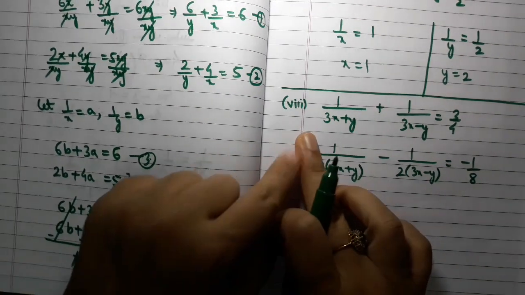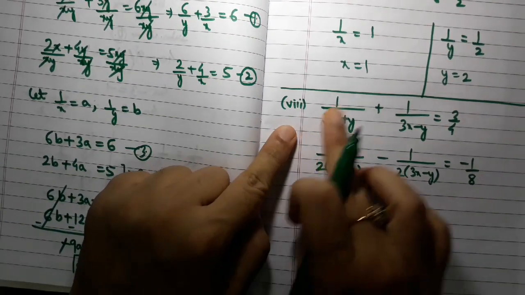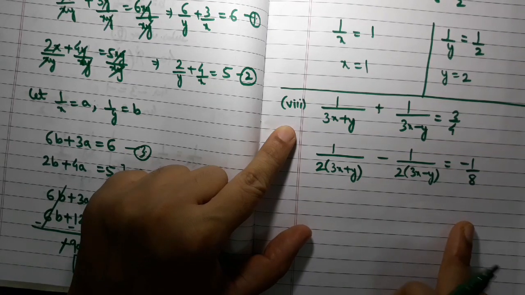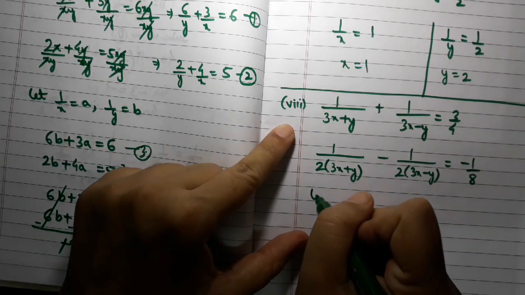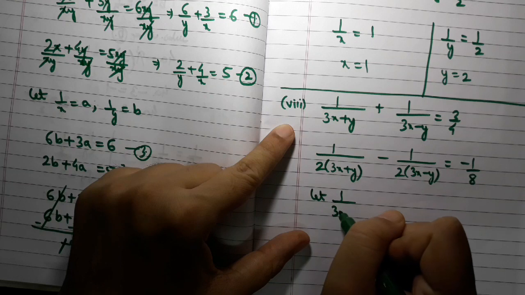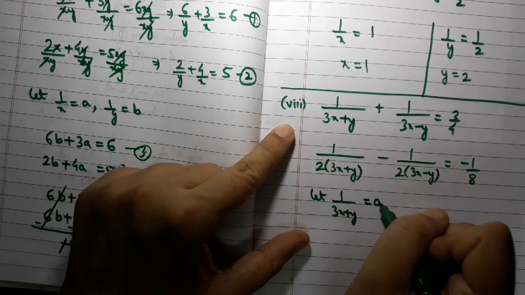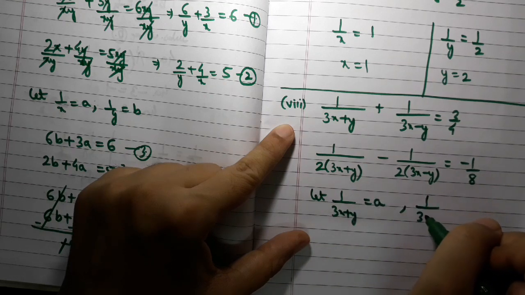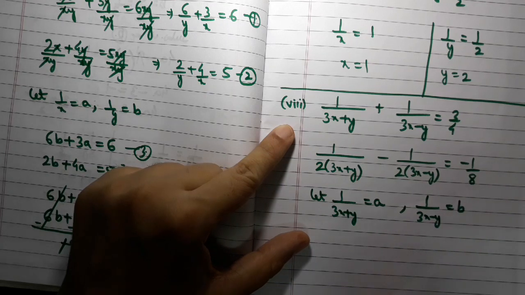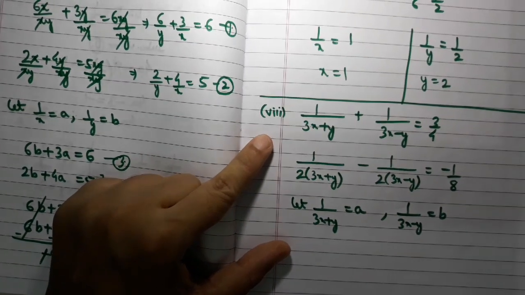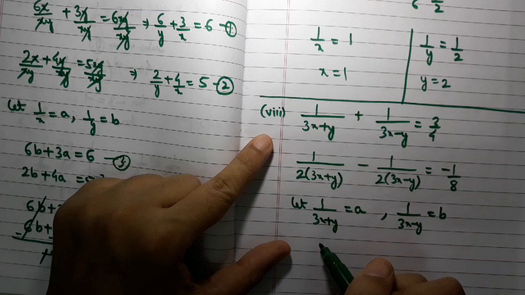Now let us do the 8th part over here. These are the equations. So over here we can assume, let 1 upon 3x plus y be equal to a, and 1 upon 3x minus y be equal to b. So the equations become a plus b is equal to 3 by 4.